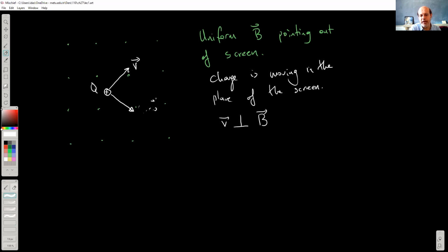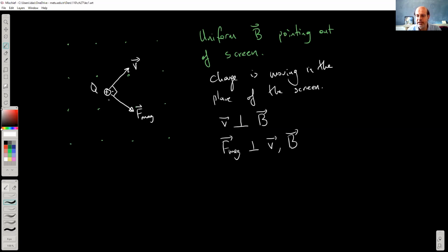Therefore, the magnetic force in this case is along that direction. The magnetic force is perpendicular to the magnetic field, and it's perpendicular to the velocity as well because of the cross product. As a result, this angle is exactly 90 degrees.